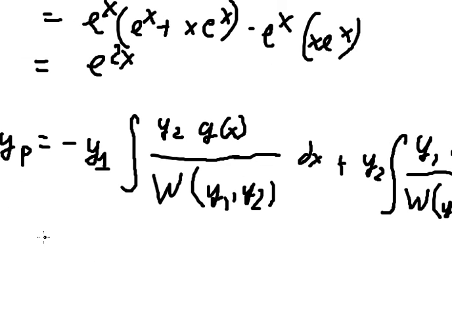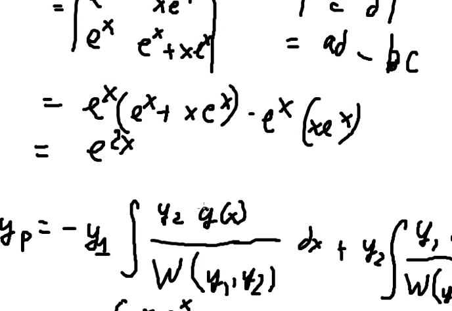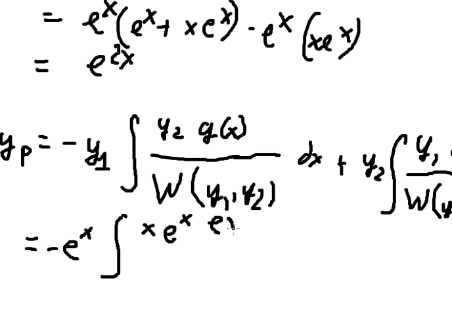So y1, that is e to the power of s, y2, that is s e to the power of s, g of s, that is e to the power of s over s, divided by e to the power of 2s.